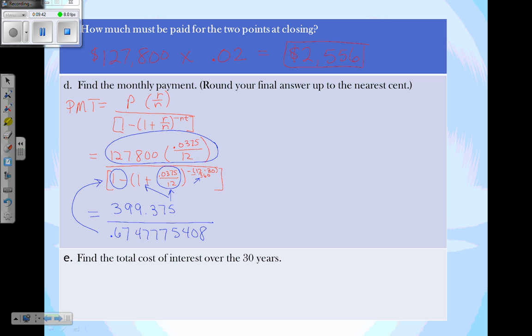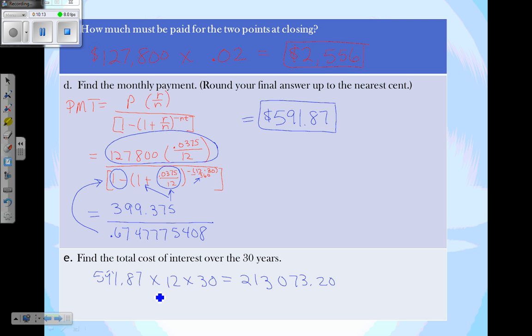So here we go. Our answer for our payment per month is $591.87. All right. Now, how do we find the total cost of interest over 30 years? Well, that's where we take our monthly payment, $591.87. We multiply that times the 12 payments every year times the 30 years, and that was equal to $213,073.20.